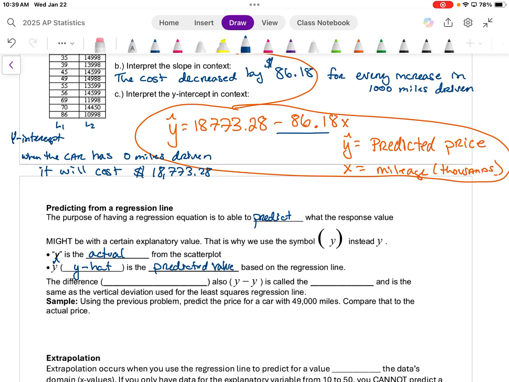So you have to make sure you put the symbol on there for the prediction amount when you put the x value back in to find out what it predicted it would be.